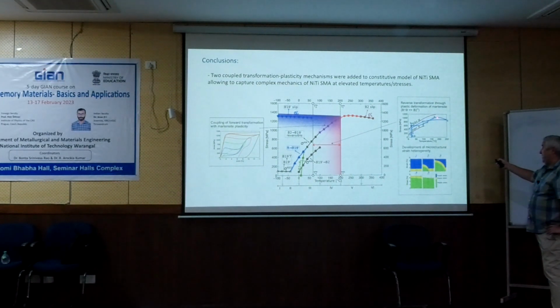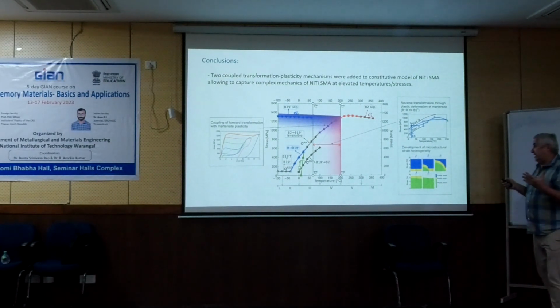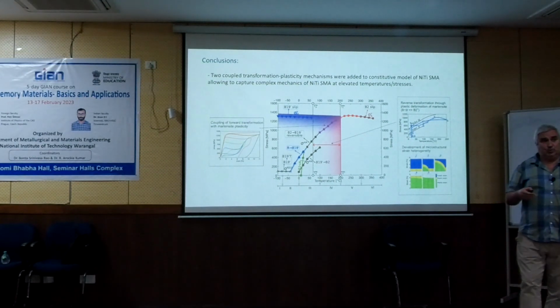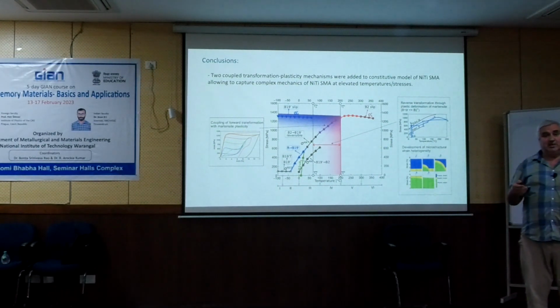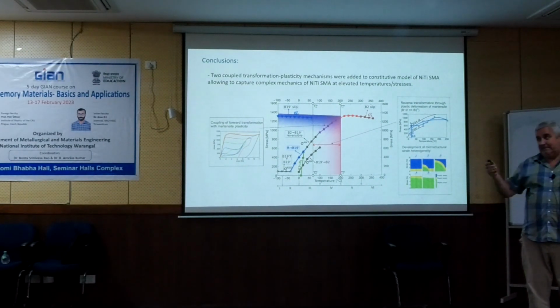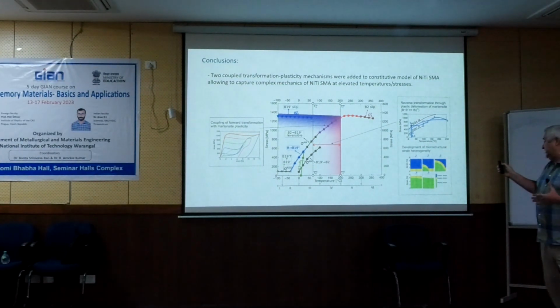In this moment, the oriented martensite is changing to plastically deformed austenite. But I need to show the experimental data to explain this to you. Without showing the data, this is difficult, but I consider it very important, and we spent a lot of time to analyze this.